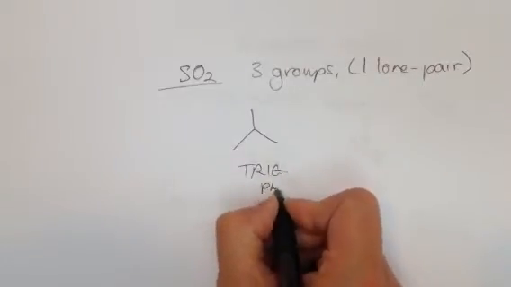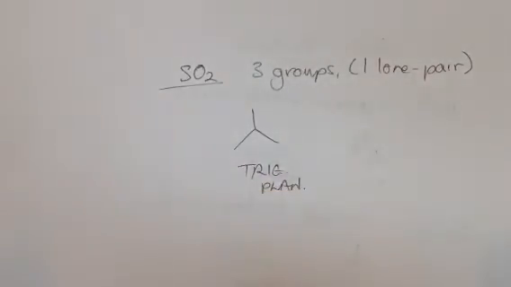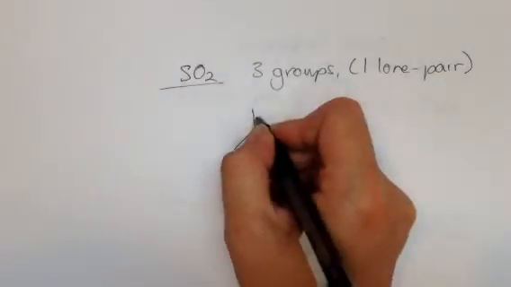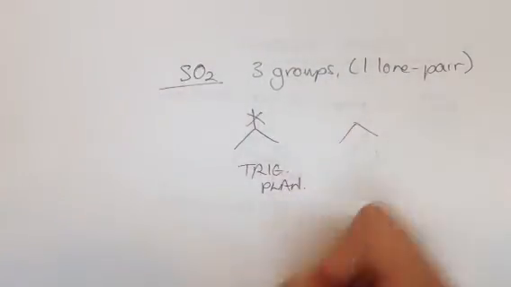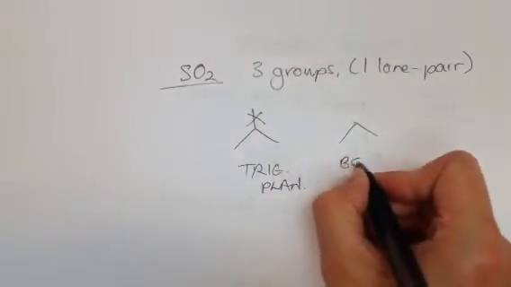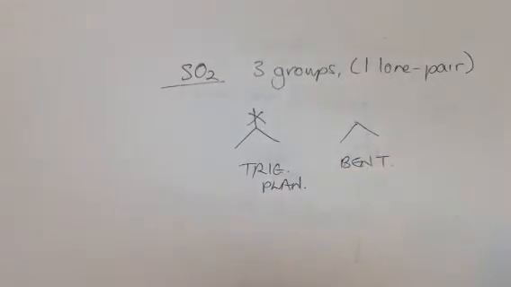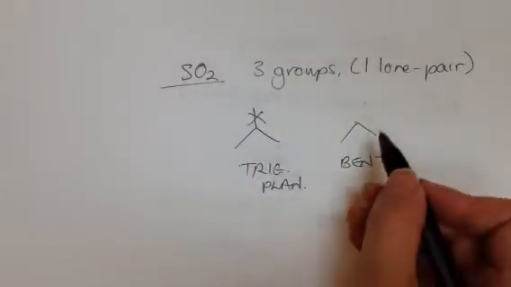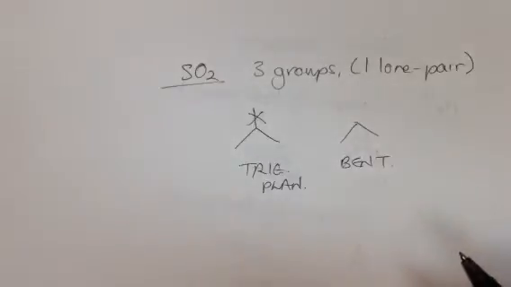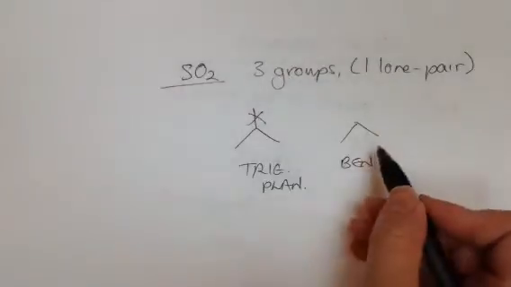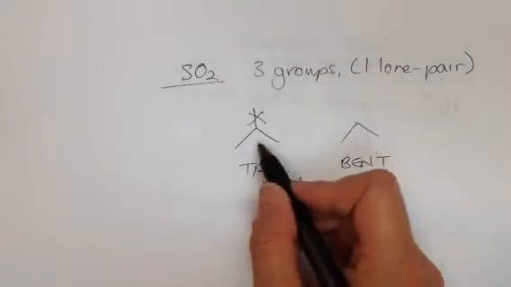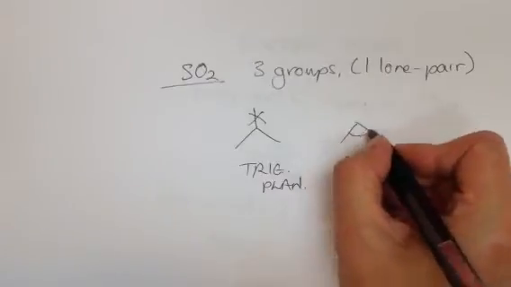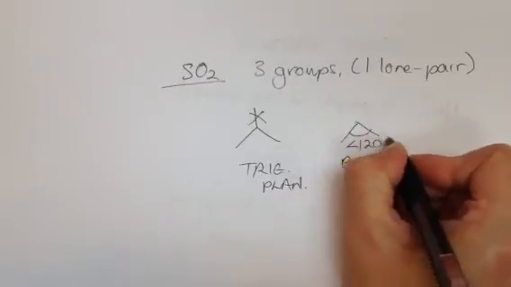That's the electron pair geometry. But are any of them lone pairs? Yep, one of them. So get rid of it, redraw. And the molecular geometry will be bent or angular. Now, when we looked at water, the bond angle in the bent water geometry was less than 109.5 degrees, but it was a derivative of the tetrahedral geometry. This bent geometry is a derivative of the trigonal planar, and so its bond angle is less than 120 degrees.